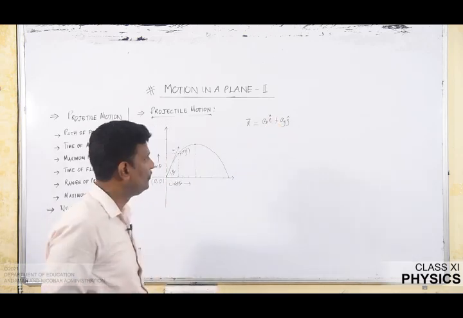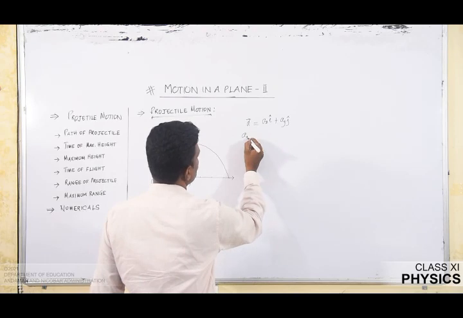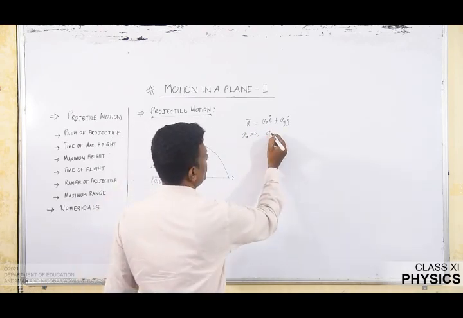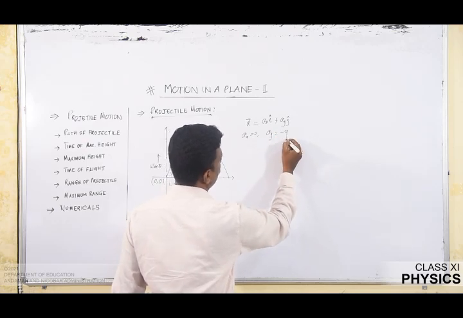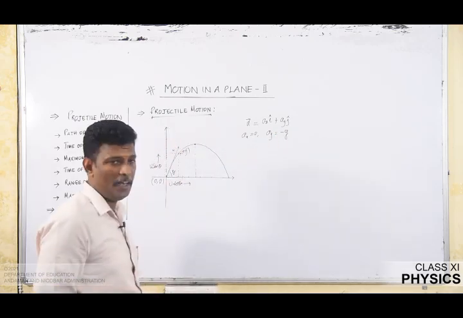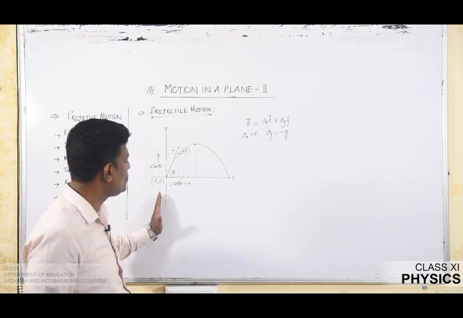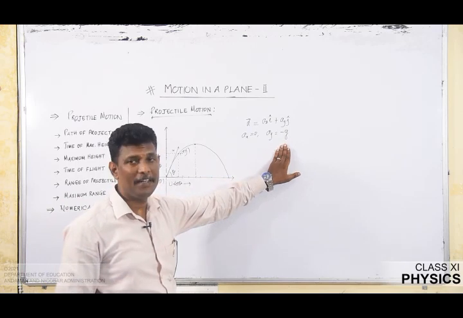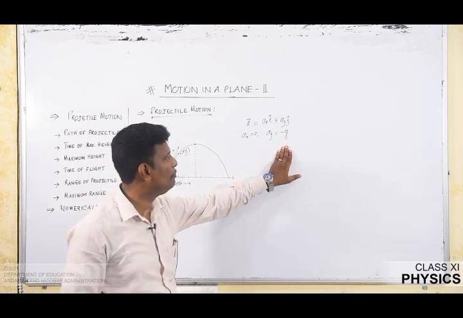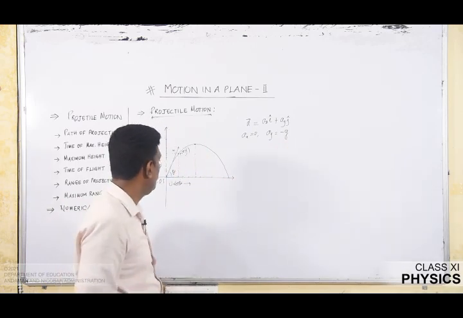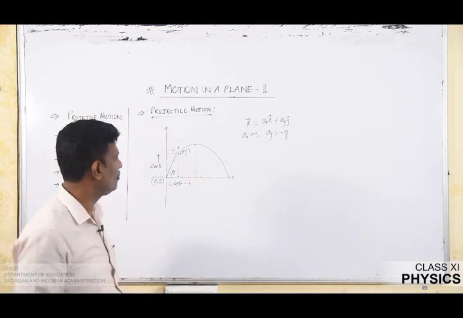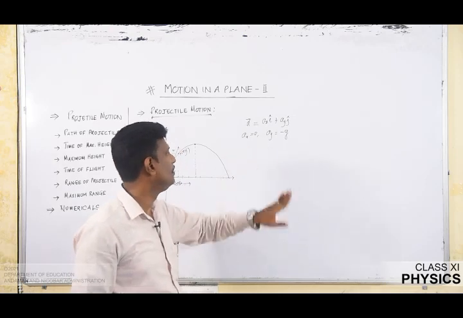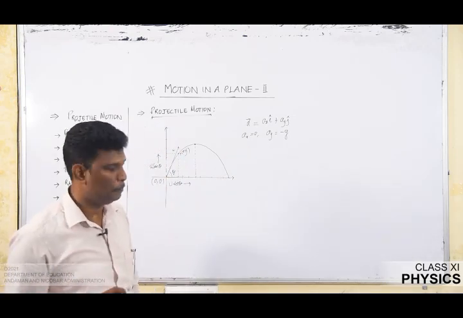Just now we have seen that ax is equal to 0 and ay is equal to minus g. As the body is moving away from the earth, the gravity acts against it, that is why minus g is taken. Along the x axis there is no change in velocity, so the acceleration along the x axis will be 0.